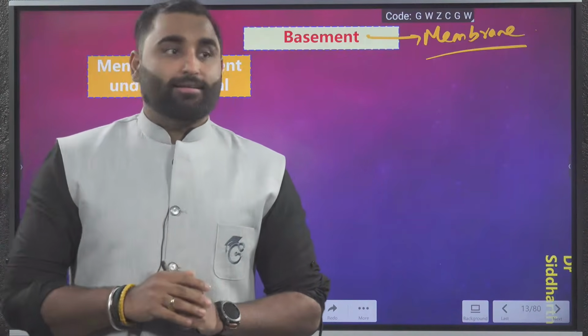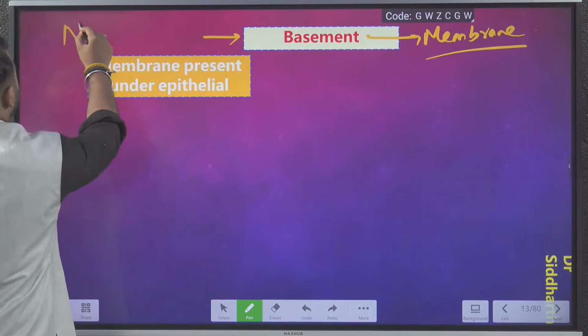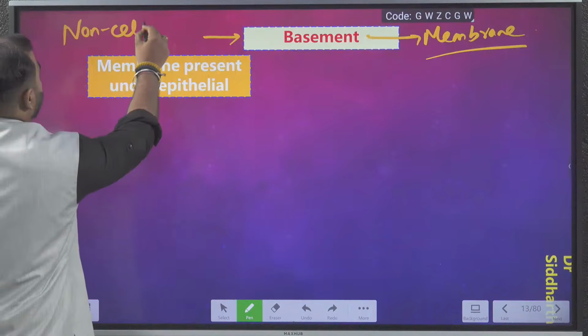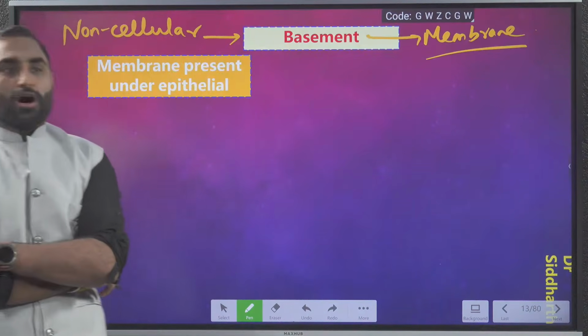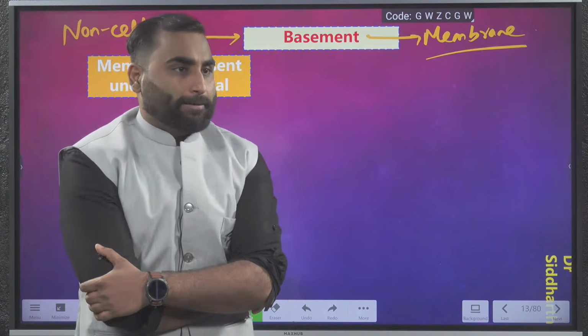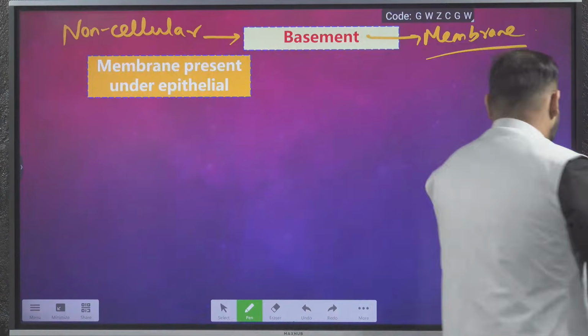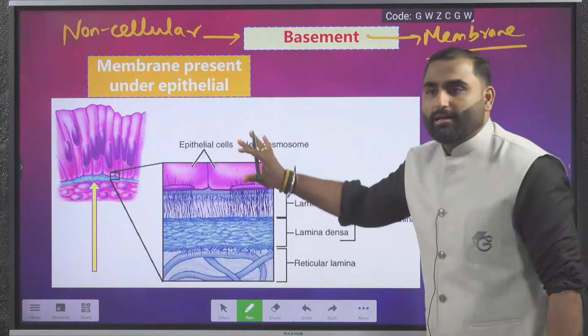It is a non-cellular layer. So let us see what the basement membrane is made up of. Look at this diagram.